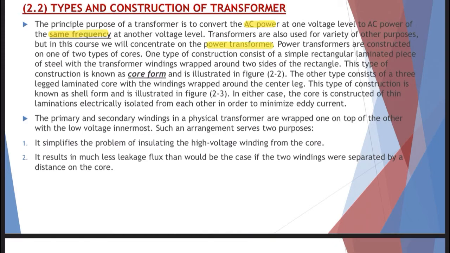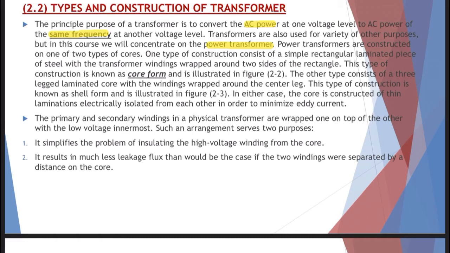Power transformers are constructed on one of two types of cores. One type of construction consists of a simple rectangular laminated piece of steel with the transformer windings wrapped around two sides of the rectangle.